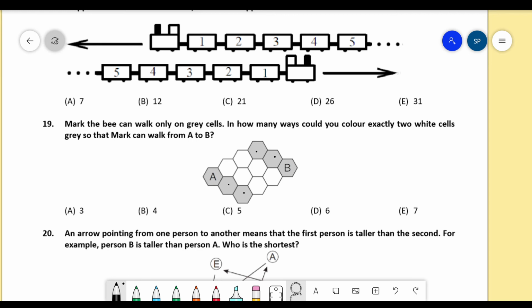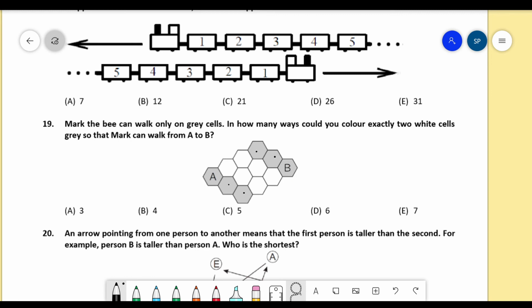Not just A and B, but all of the gray squares, not the white. That means they're asking us if you can make two white squares gray, if you can transform them, how many ways can Mark the bee go from point A to point B?